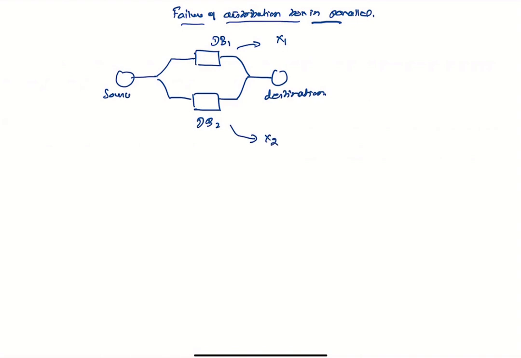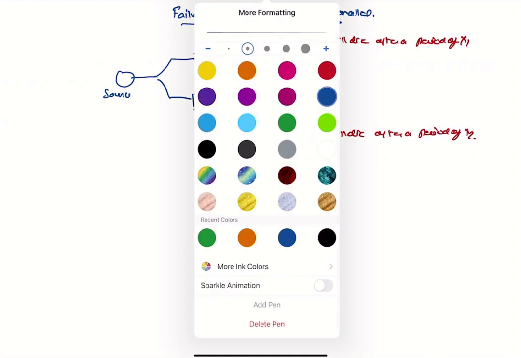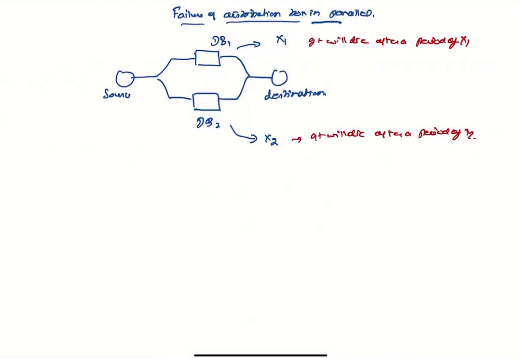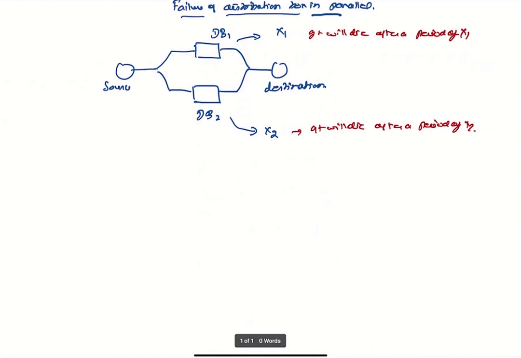What that means is that it will die after a period of x1, and this one will die after a period of x2. So, since it is in parallel, the system will work as long as one of them is working. Obviously we want to know how long the system will work.